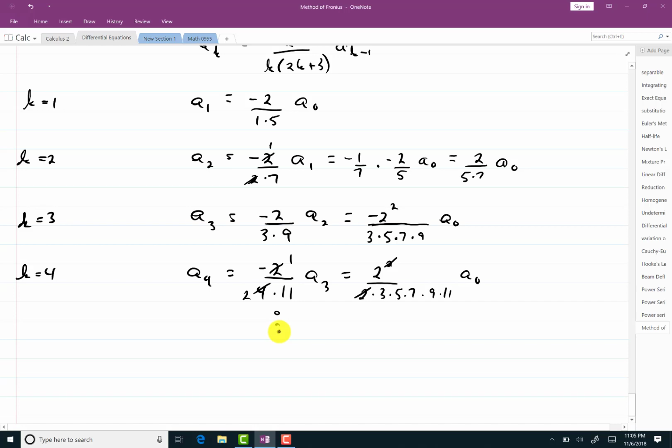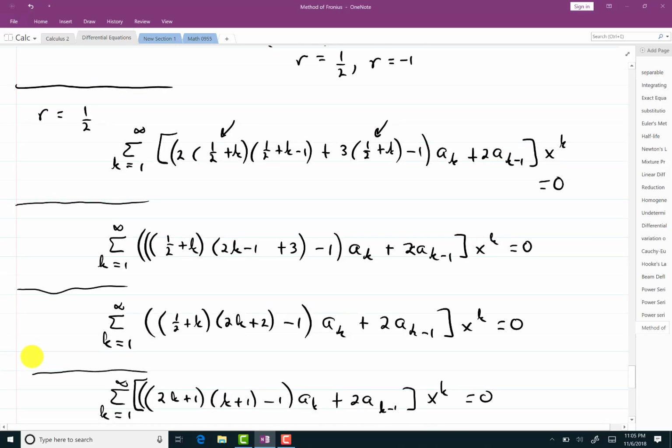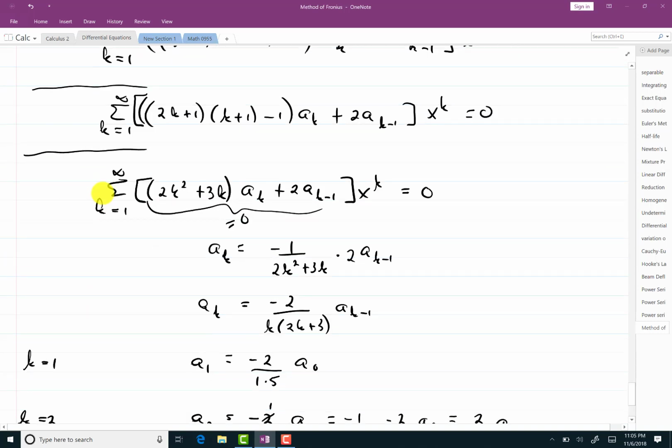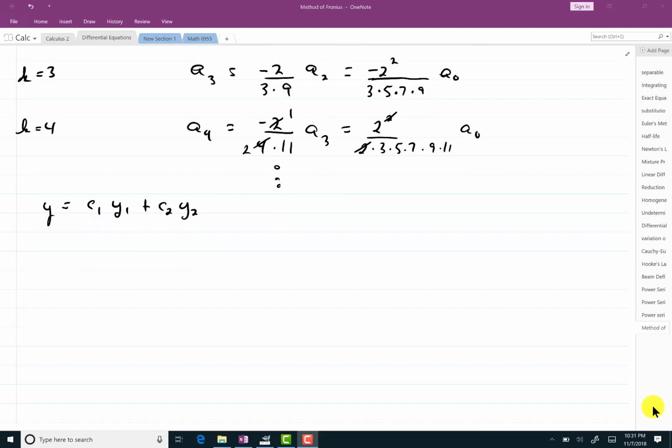Remember, all of this stuff was attached to r equals 1/2. So when you're trying to figure out your solution, remember y equals c1 y1 plus c2 y2. The a sub 0s are c1. y1 is given by, remember we have to put the x to the 1/2 out front, times, and now the rest of it is the power series that was developed by finding these coefficients.